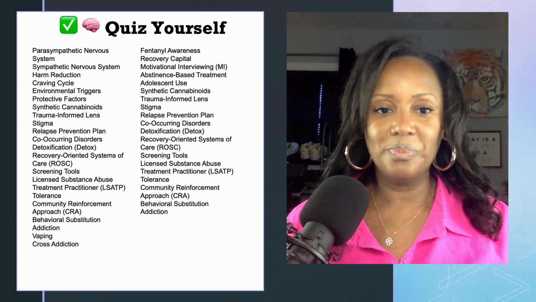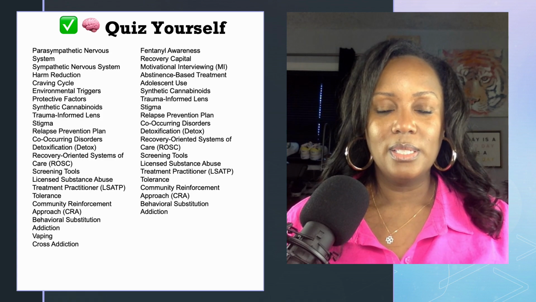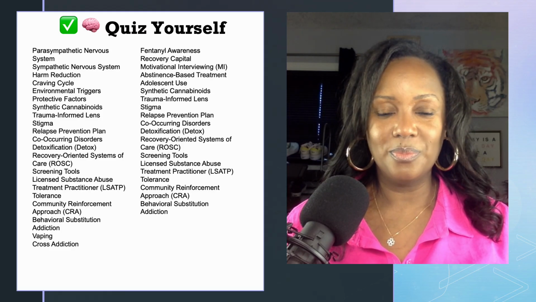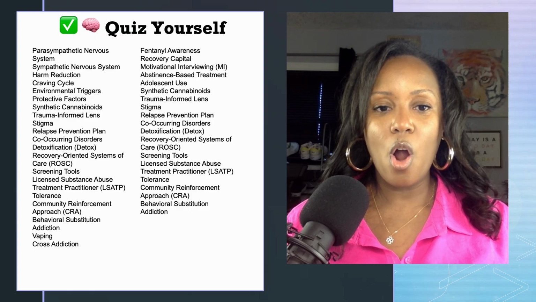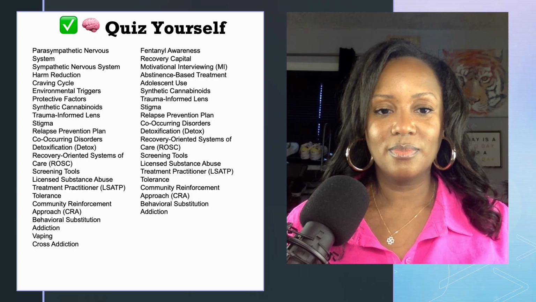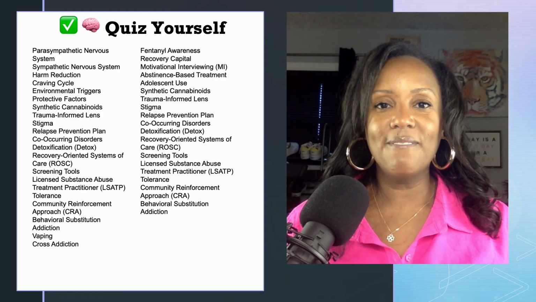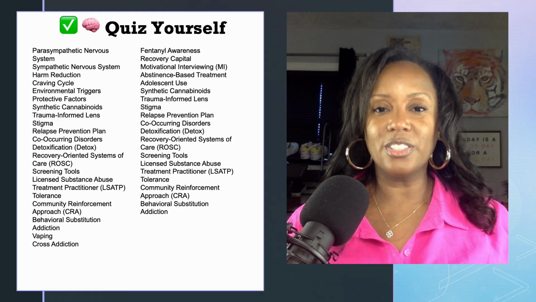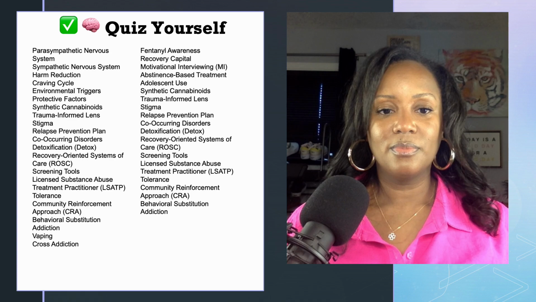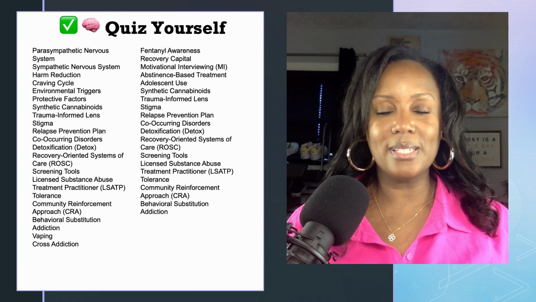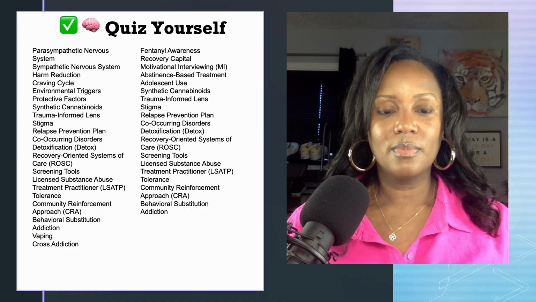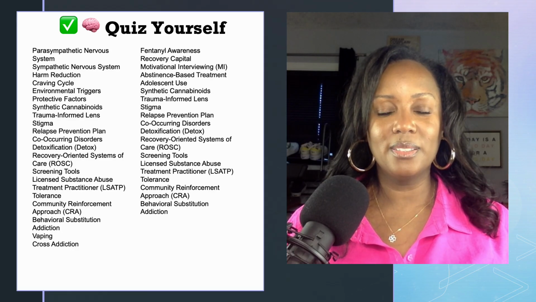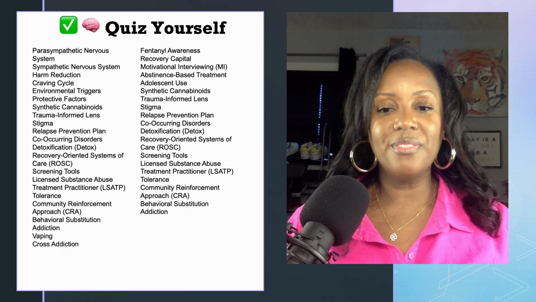Parasympathetic nervous system. Sympathetic nervous system. Harm reduction. Craving cycle. Environmental triggers. Protective factors. Synthetic cannabinoids. Trauma-informed lens. Stigma. Relapse prevention plan.